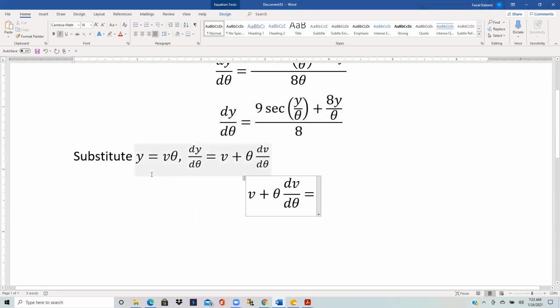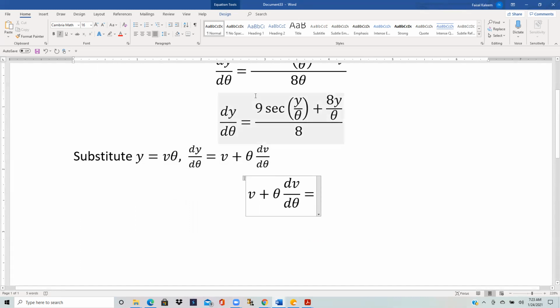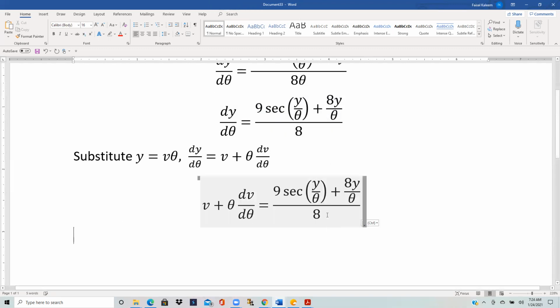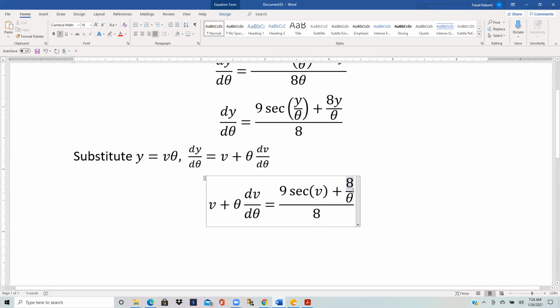So the y over theta from this equation will be v. So we'll have 9 secant v. Let's copy it. So the y over theta will be replaced by v, and here also the y over theta will be replaced by v.